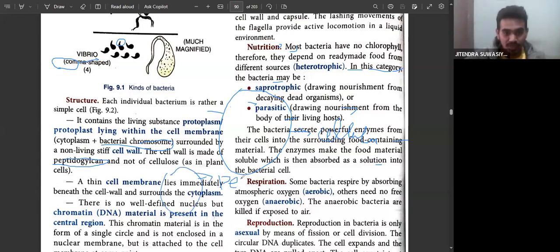So whenever we produce any antibiotic medicine, how do they kill the bacteria? They generally degrade the peptidoglycan of that bacterial cell wall, and this is how they kill the bacteria. Whenever we have a bacterial infection, we take a tablet.